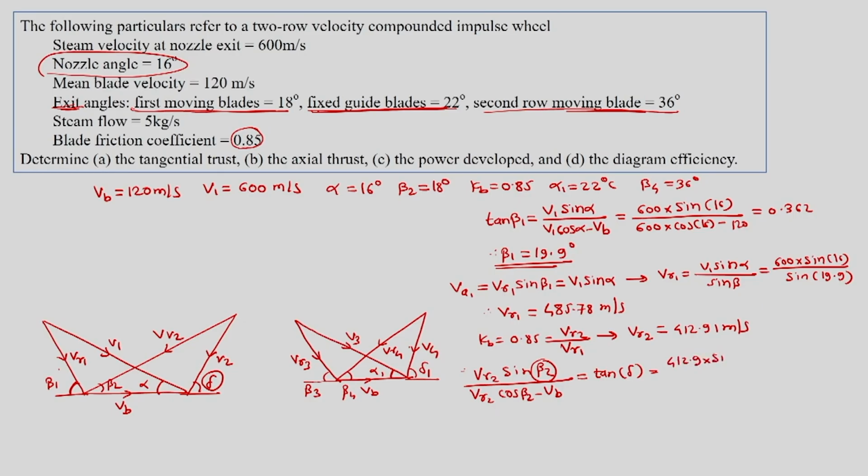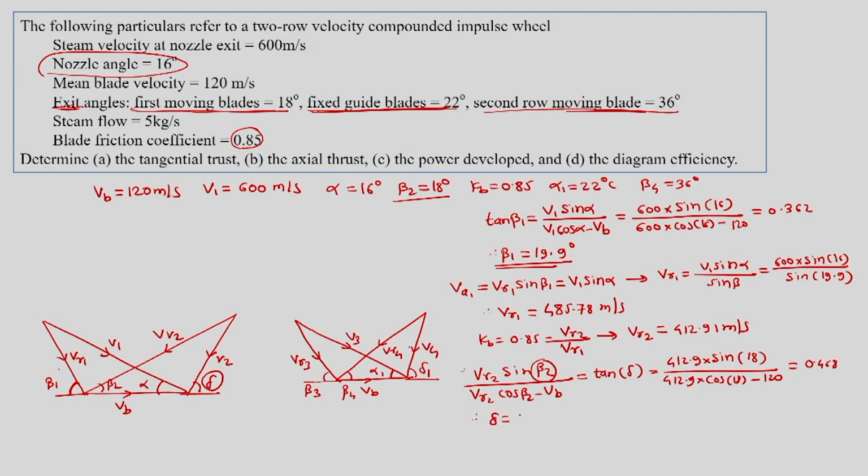So VR2 is 412.9 into sine of beta 2, which is given as 18, divided by 412.9 into cos 18 minus 120. So we get from here tan delta is equal to 0.468.